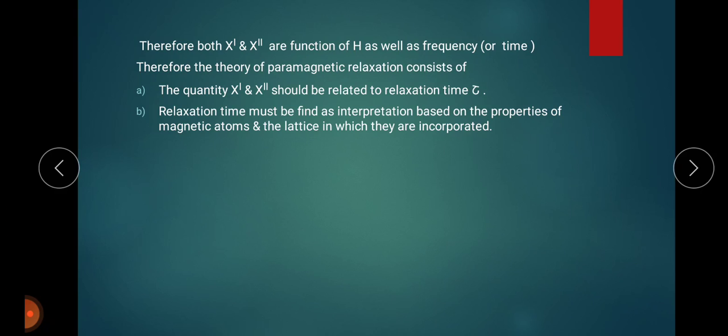Therefore, both χ' and χ'' are functions of the magnetic field as well as the frequency or time.